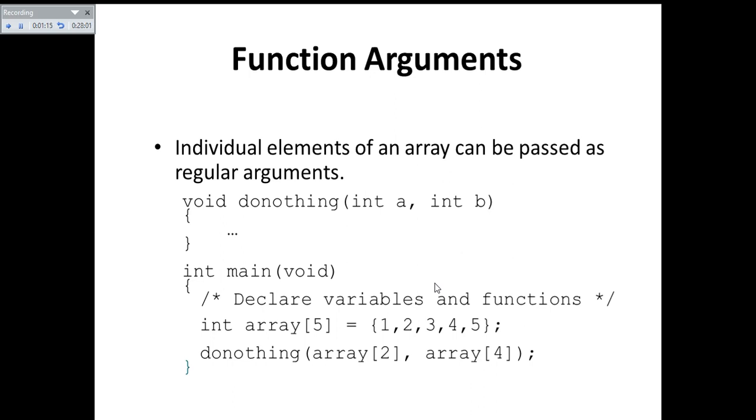So you are going to pass 3 to a and 5 to b. This is how we can write array elements passed as arguments to functions. Particularly this logic is useful when you are going to sort the array elements or array contents.